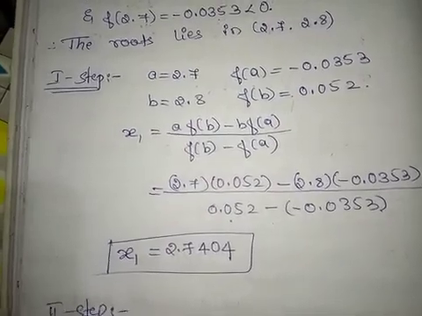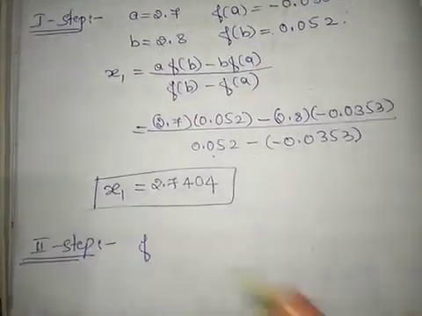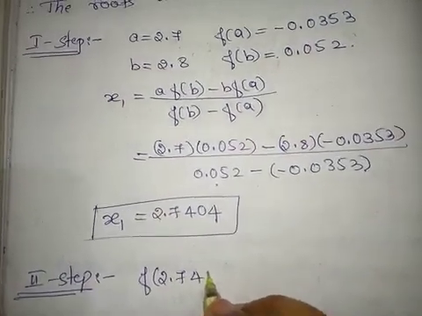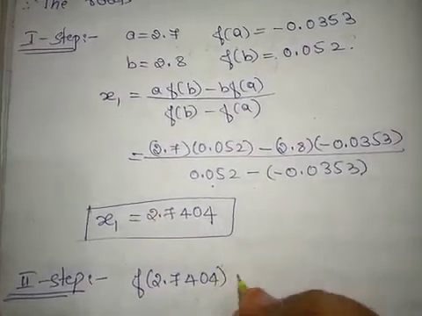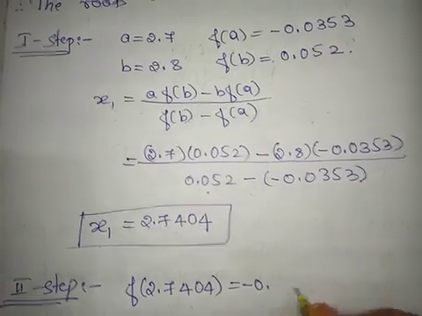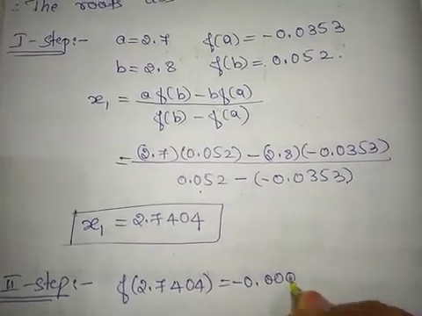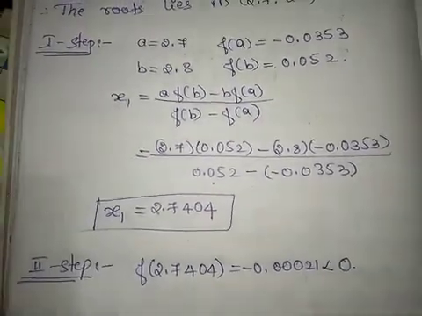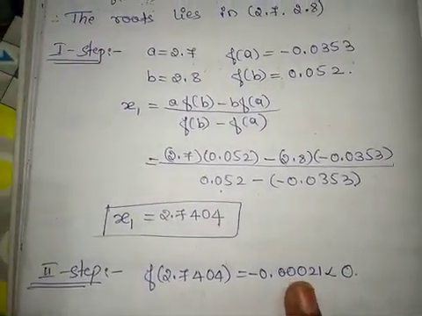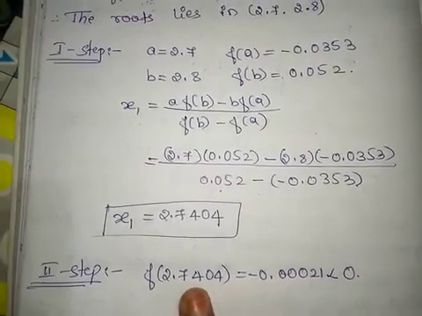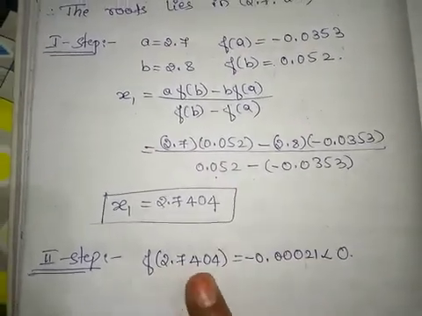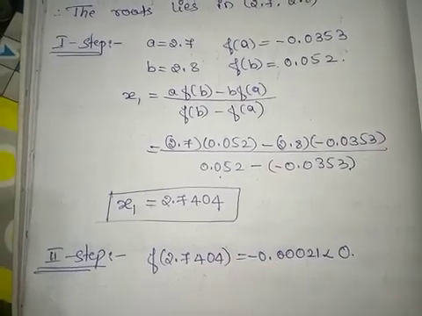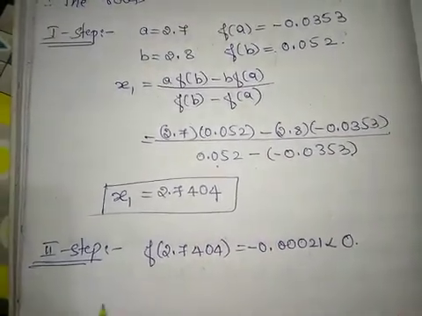Here what we get? We have to find the f of 2.7404. We get it as a minus 0.00021, which is less than 0. Right? Here we get the negative value, means this is the value of a. A value is 2.7404 and f of a value is minus 0.00021.